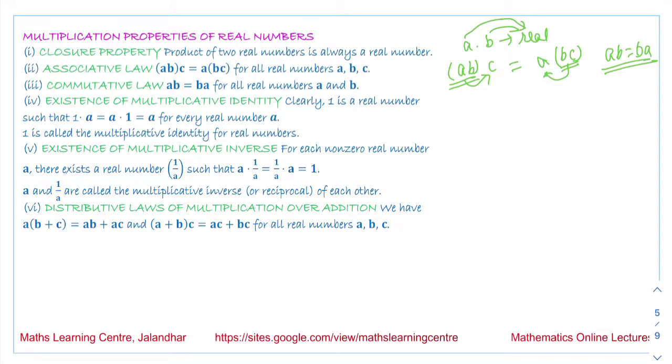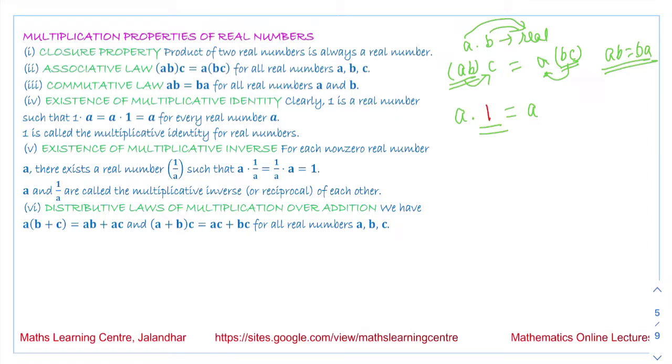Next is the existence of multiplicative identity. So existence of multiplicative identity means a is given any number, the answer we require is a, and what we have to do over here, we have to multiply with some number. So with what number we multiply a so that the answer is a? It is 1.